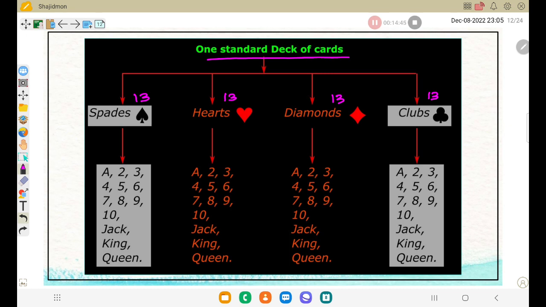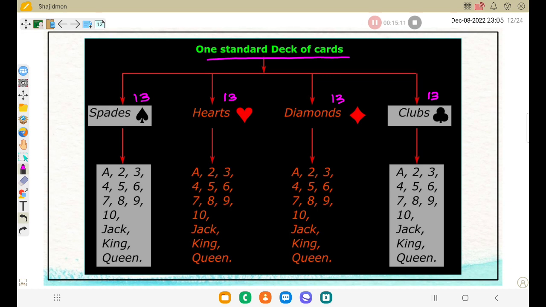Out of these, spade and club are black color, heart and diamond are red color. You can see the color there, okay. And in each option, ace card is there, number 2, number 3, number 4, jack, king, queen, all the cards will be there in all the options. King card, heart card, diamond card and club card, all these options will be there. 13 options will be there. Okay, hope you understood the idea about this card.